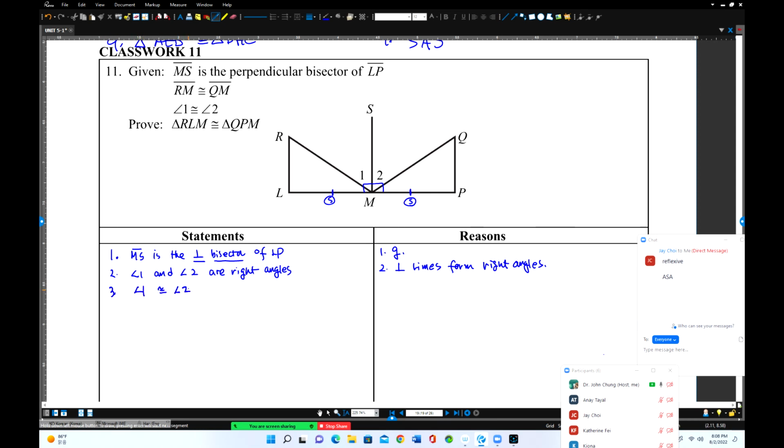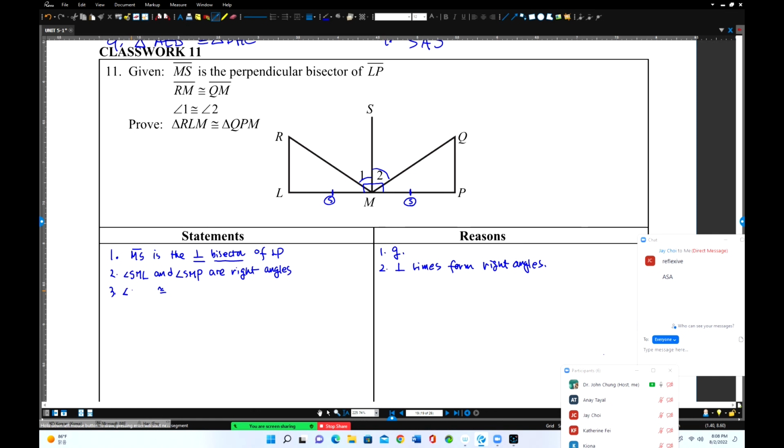No. Angle 1 is inside of it, so I'm going to do this one differently. Angle SML and angle SMP are right angles. That is better. It looks like angle 2 is only this one.